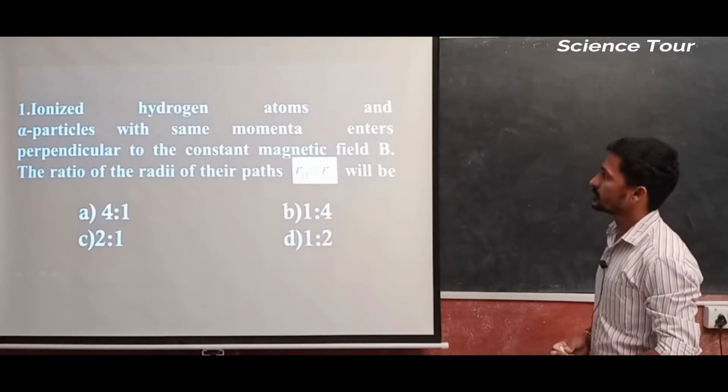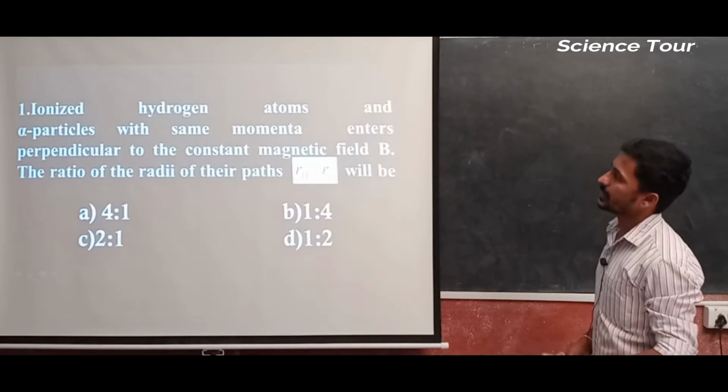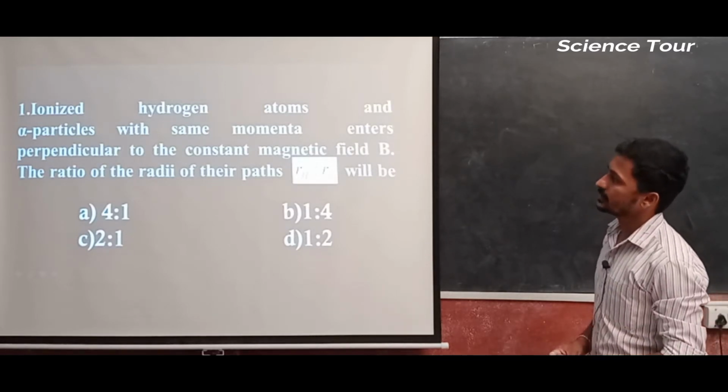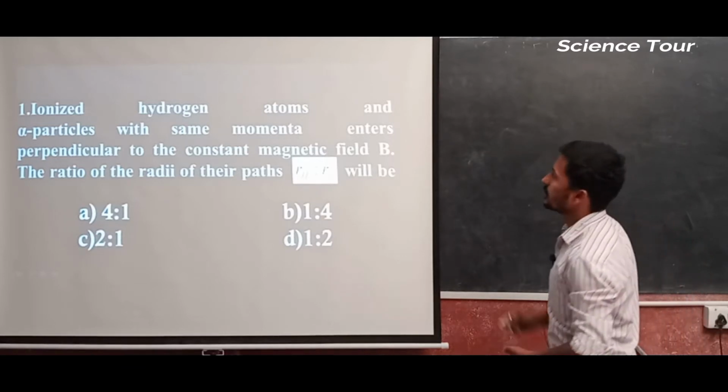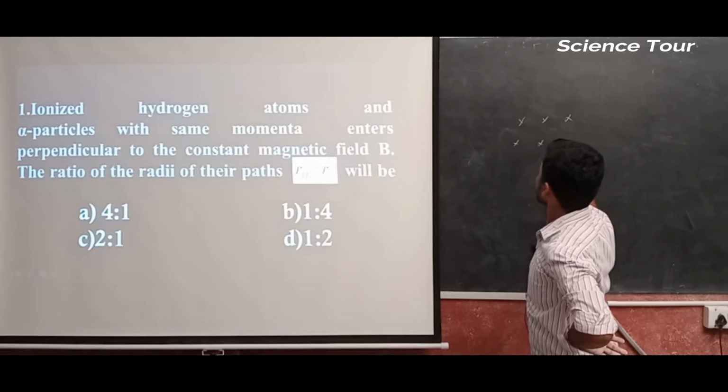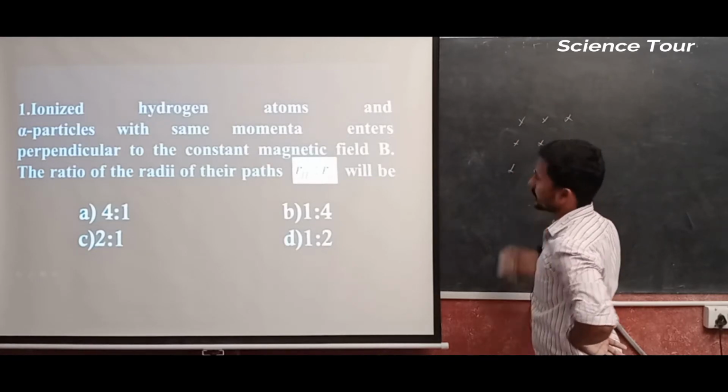protons and alpha particles with the same momenta enter perpendicular to a constant magnetic field, say the magnetic field in this way.